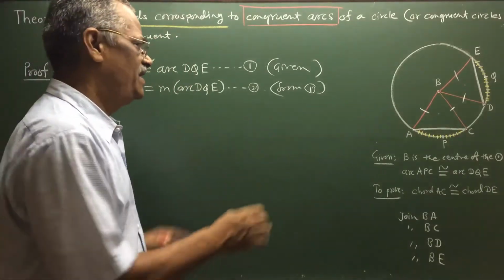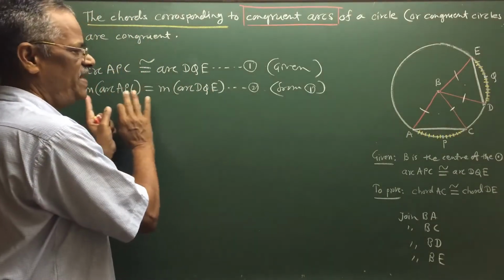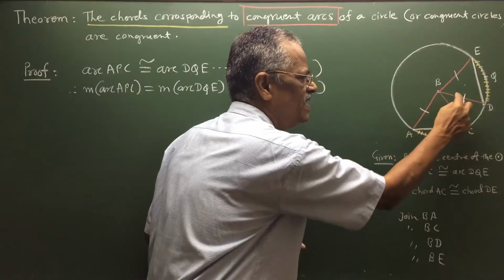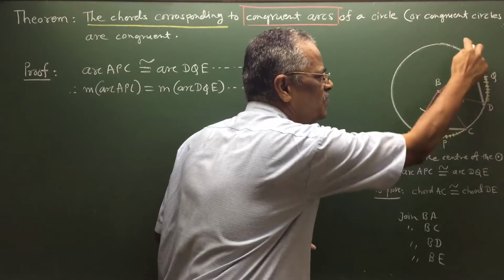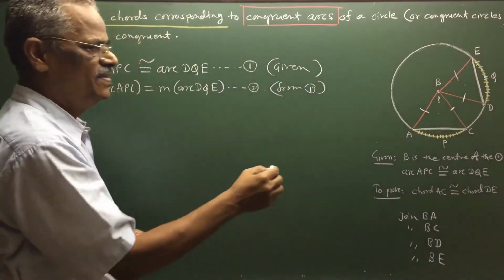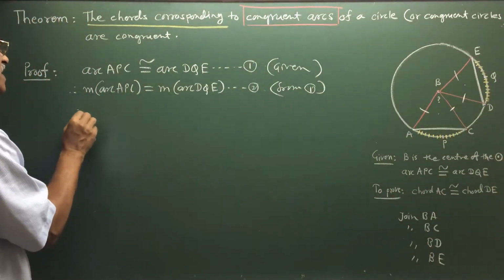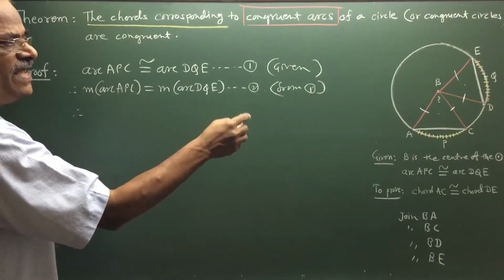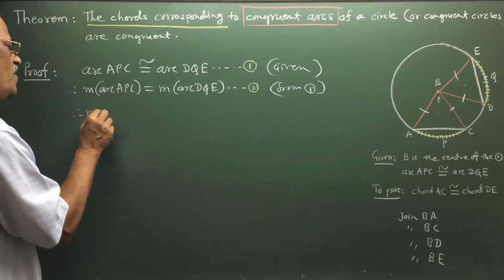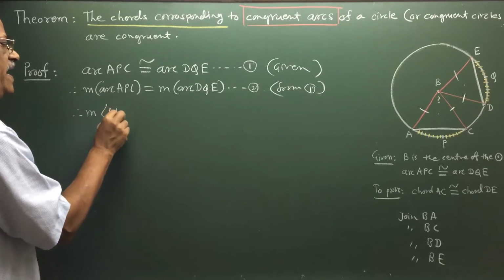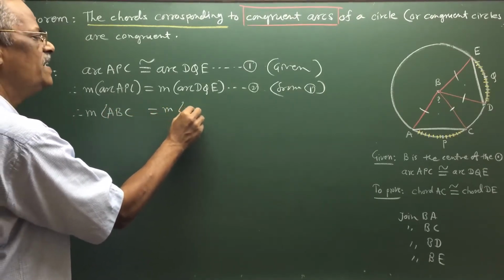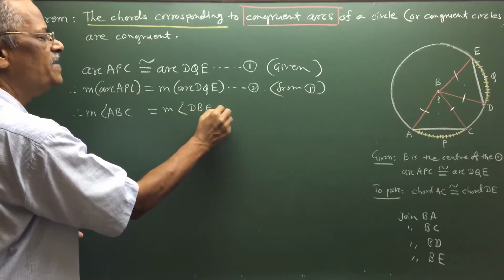Before that, by using this, measures are equal. If the measure of arc APC is equal to the measure of arc DQE, consider the corresponding central angle. The central angle corresponding to arc APC is ABC. So the measure of angle ABC must be equal to the measure of angle DBE.